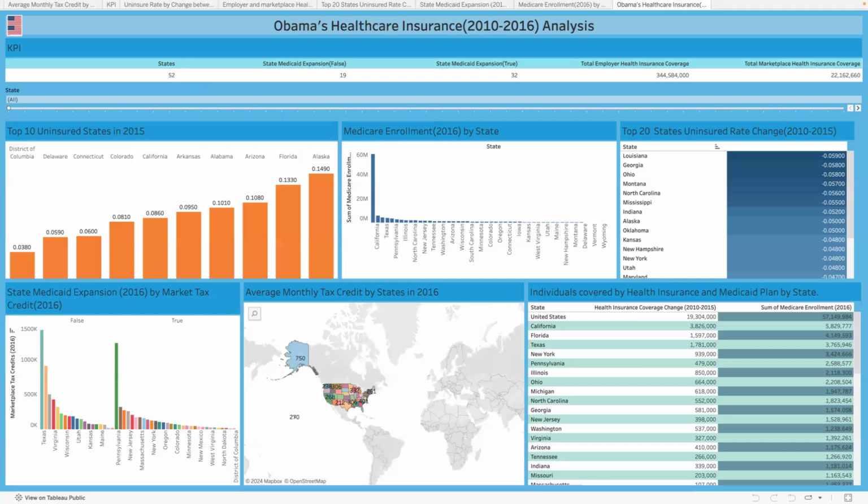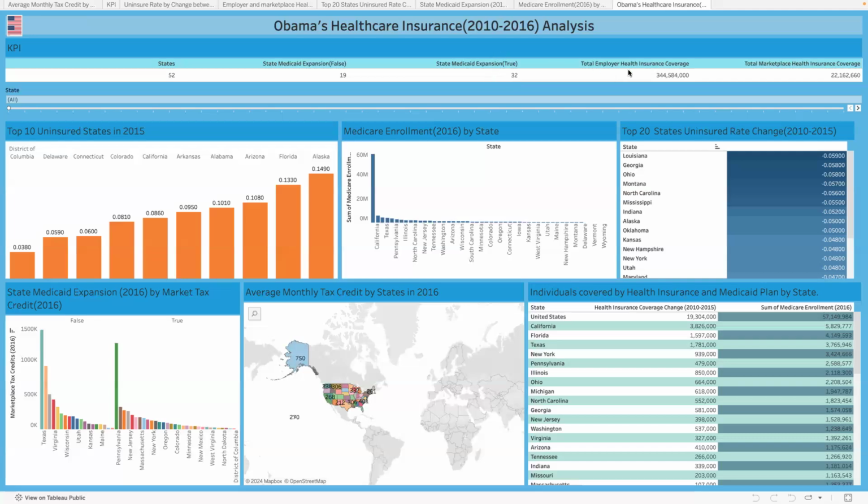The Medicaid expansion program, as I explained earlier, was not adopted by all states. The states that did not adopt the program are 19, and 32 states adopted the program.